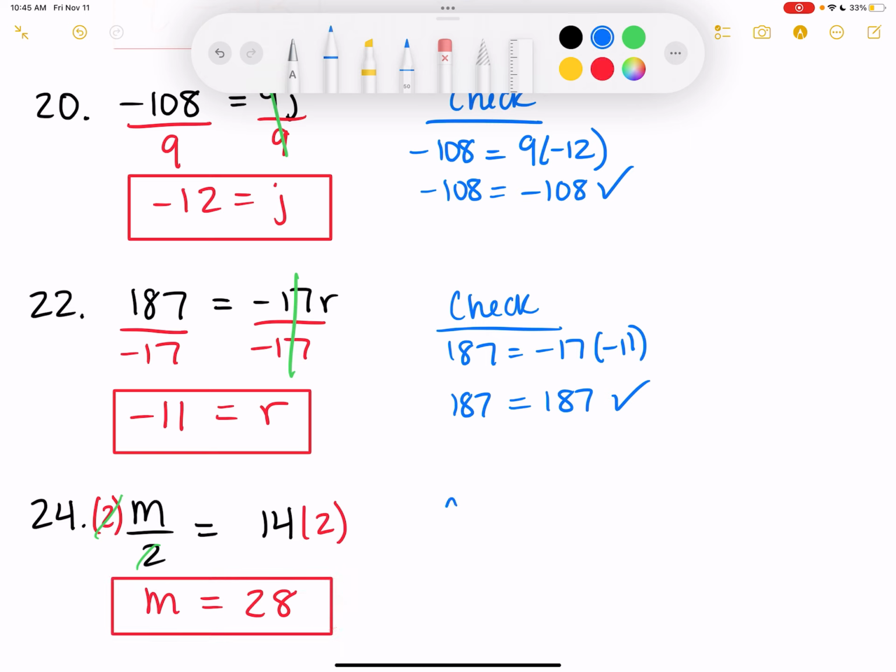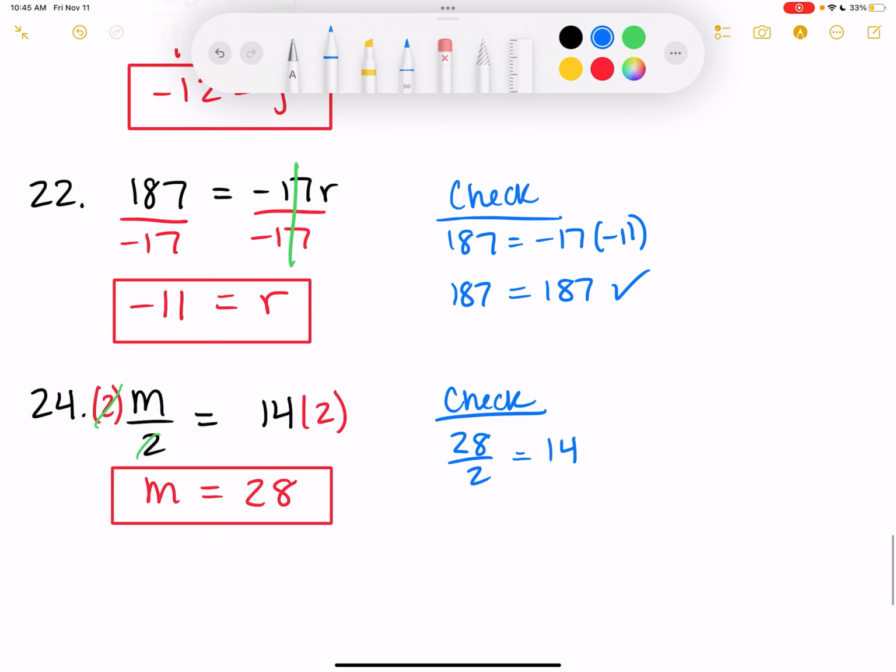So then to check it, we have 28 divided by 2 equals 14. 28 divided by 2 is 14. Yep. 14 equals 14, so that one's good.